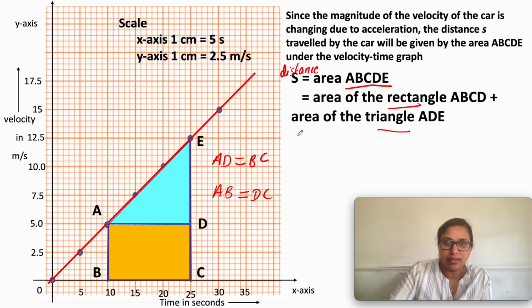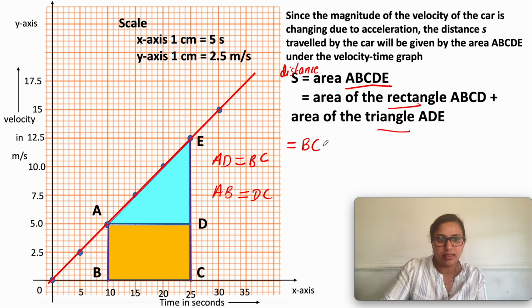Now we calculate the area of rectangle ABCD, which is length into height, BC into AB, plus the area of the triangle, as we know, half into length into breadth. So half into AD times DE.